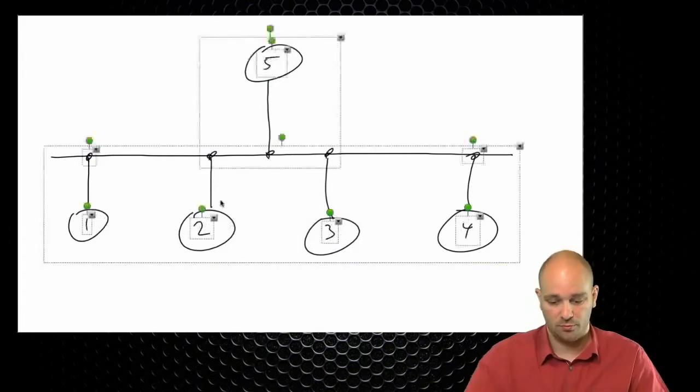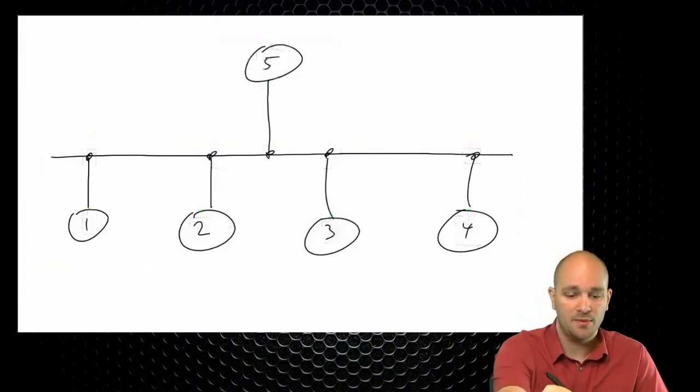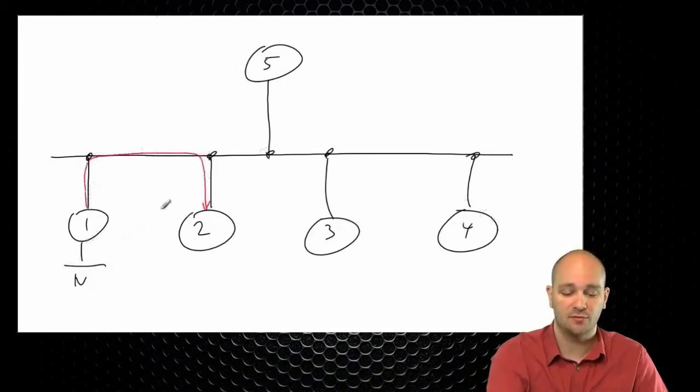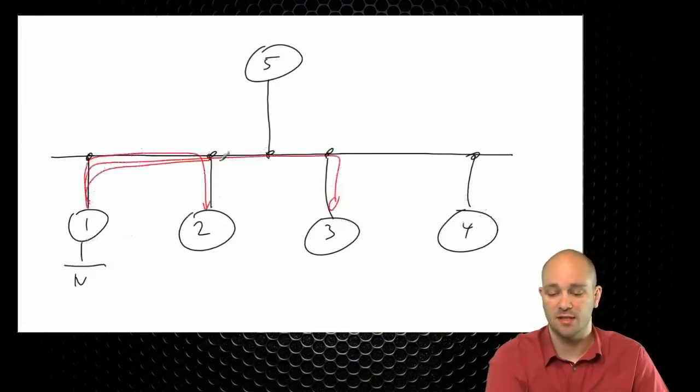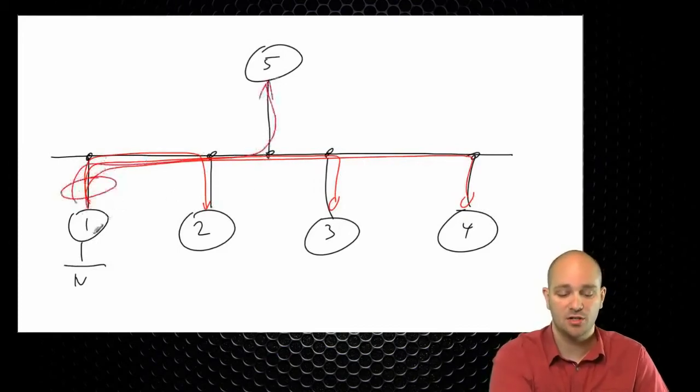So I'm just going to copy all this. What happens if, for example, R1 here has a network N that it is advertising to all these routers? So what it's going to do is send the advertisement here, send the advertisement here, send the advertisement here, and send the advertisement here. Now we can see that we are sending this advertisement here 4 times.